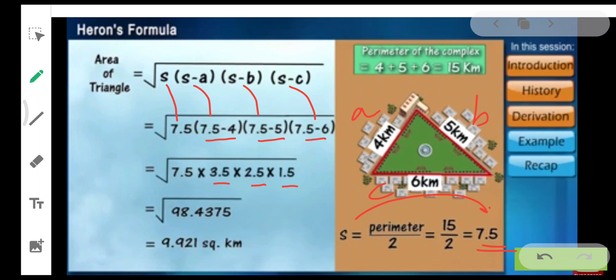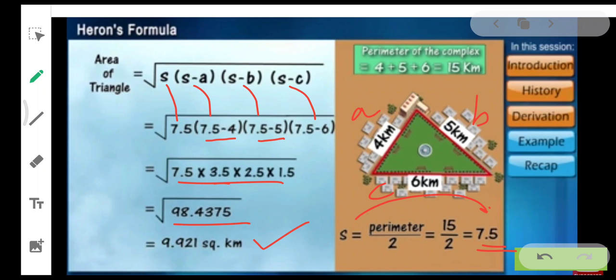And when you multiply all these three, you will get 98.4375, and the square root of this is approximately 9.921 square kilometers. So area of this complex, or you can say park, is 9.921 square kilometer.